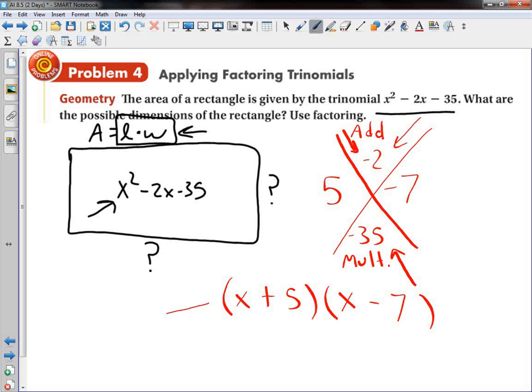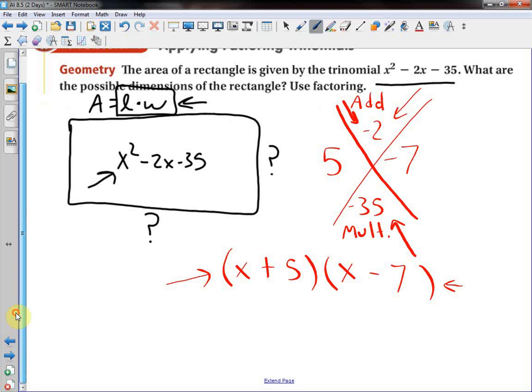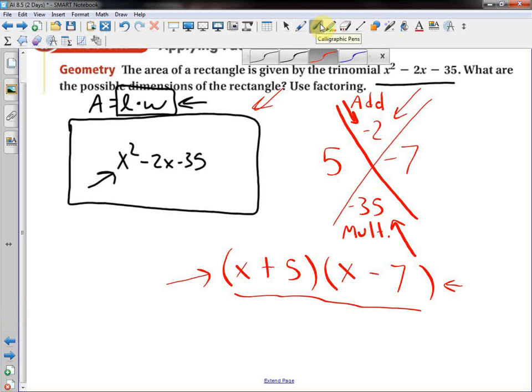Now, those are my two dimensions. Now all I want to do is relate this to my rectangle. Okay? So let me erase these question marks because I no longer have question marks about this. I know that they're going to be x plus 5 and x minus 7.